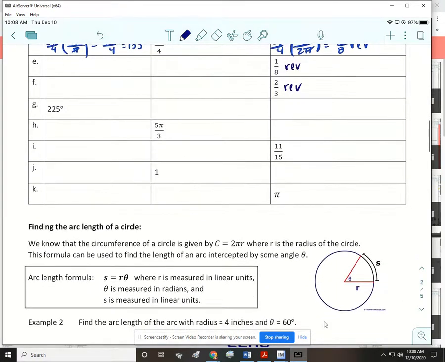So 1/8 of a revolution, I'm going to change to degrees. I'll put 1 revolution in the denominator, and 1 revolution is 360 degrees, so I put that in the numerator. Revolutions cancel out. We get 360 degrees over 8, which you can use your calculator to divide. That's going to be 45 degrees.